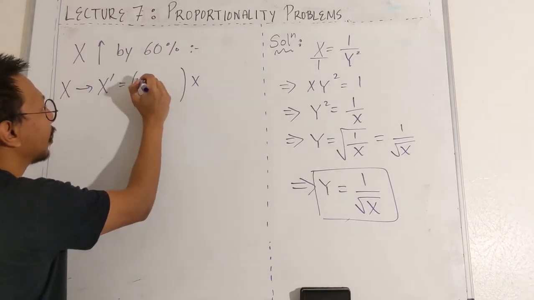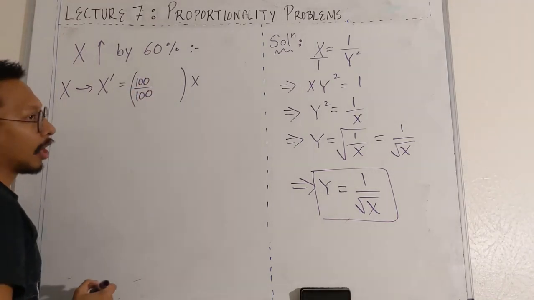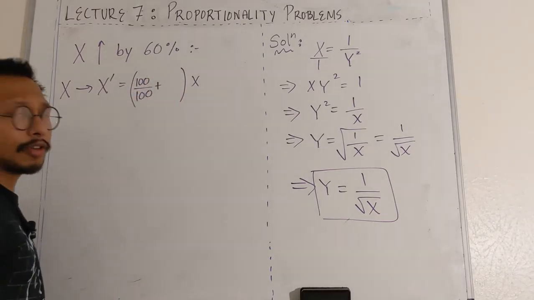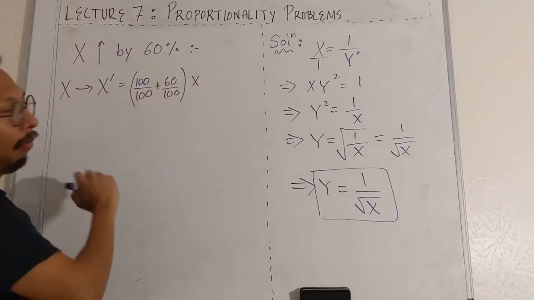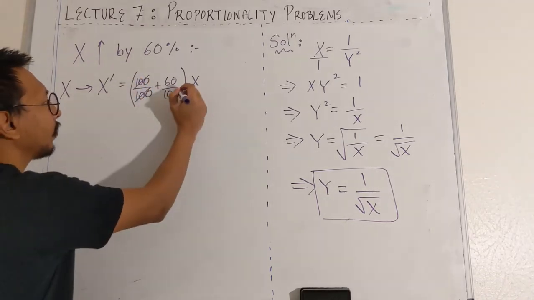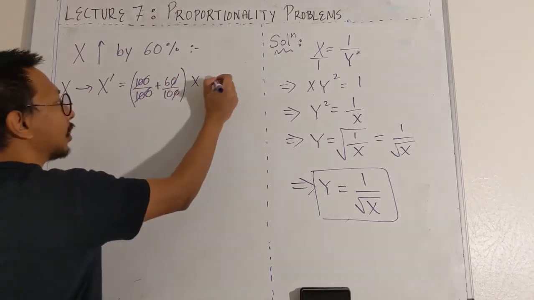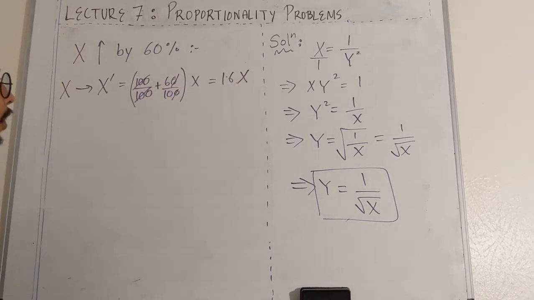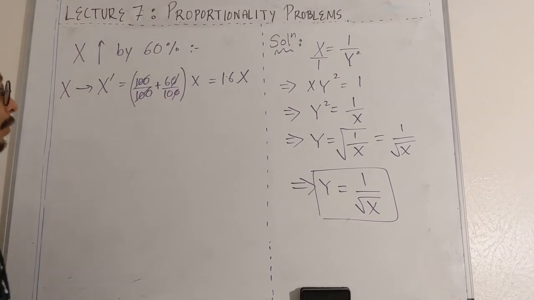The original percentage is 100%, so 100 over 100. To that we add 60%, which is 60 over 100. This gives you 1 and this gives you 0.6. So in total it becomes 1.6 times x. So x prime is equal to 1.6 times x.